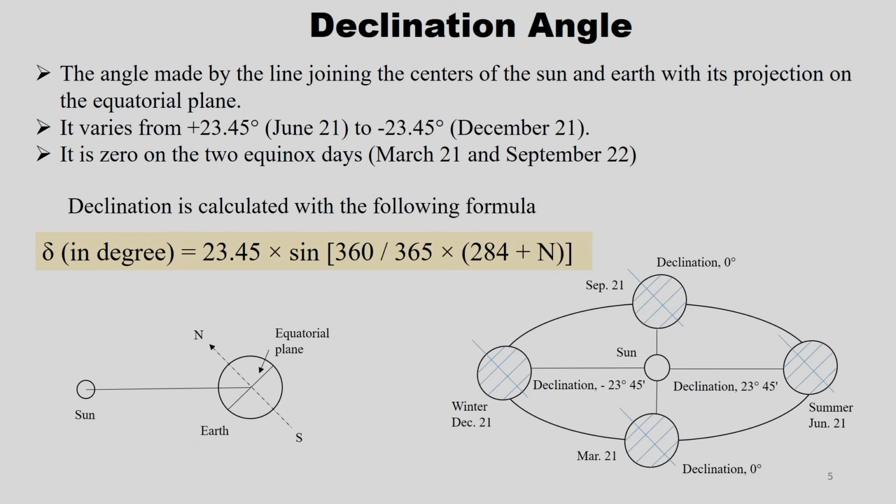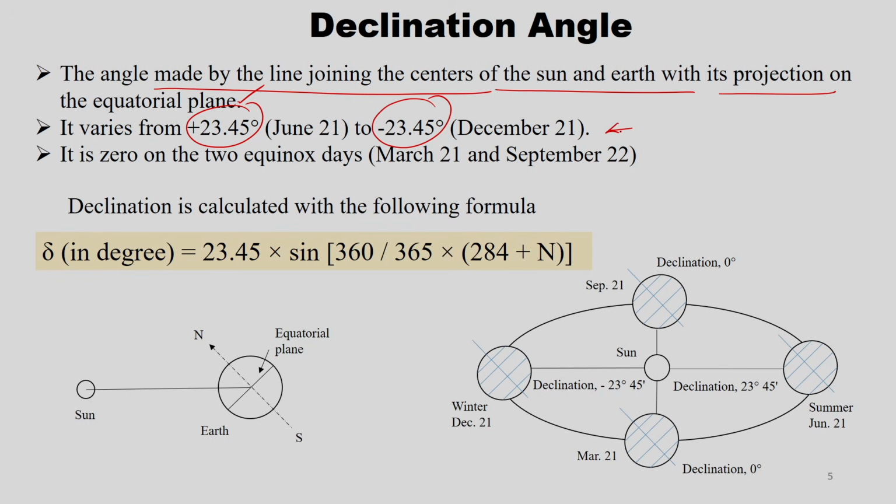The second one is the declination angle. This angle is nothing but the angle made by the line joining the centers of the earth and sun with its projection on the equatorial plane. It varies from plus 23.45 degrees on June 21st to minus 23.45 degrees on December 21st.